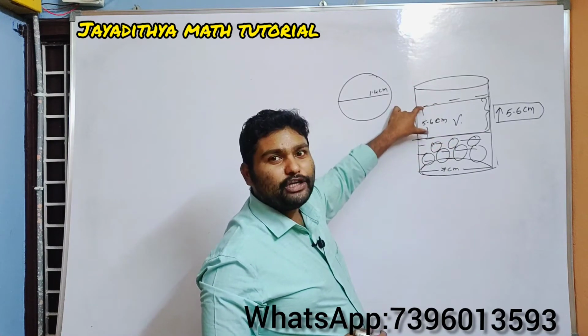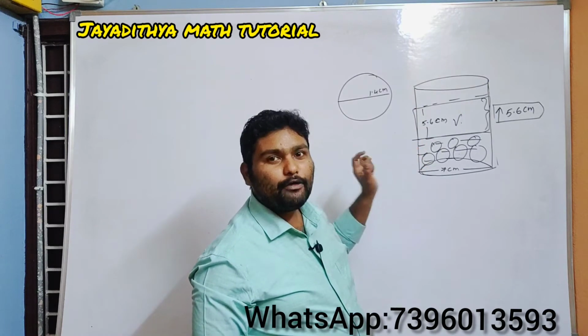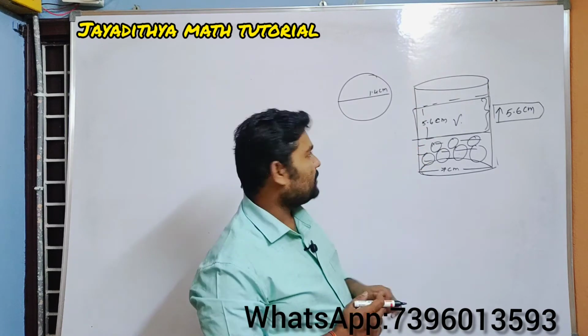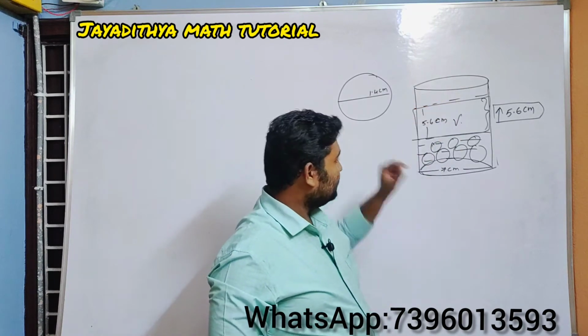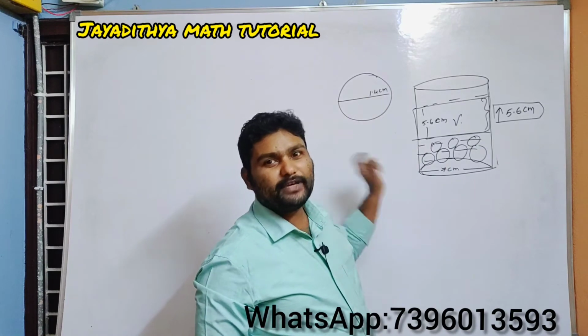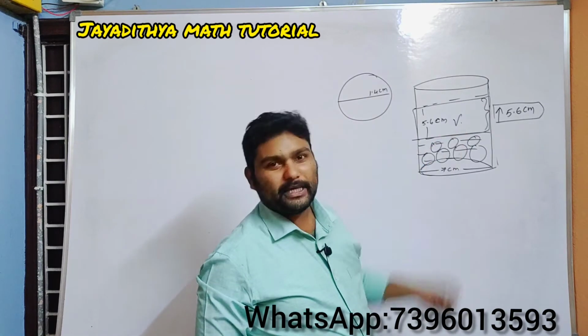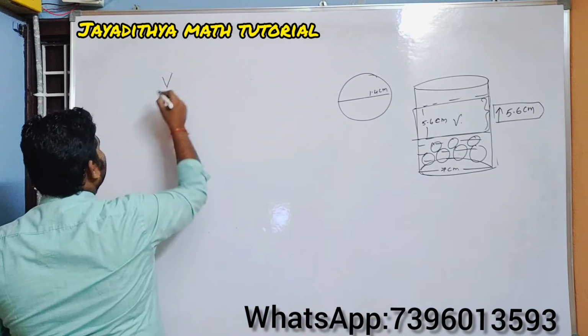Here you don't have only one marble, you have some number of marbles. So first of all, you find the volume of this increased part, then you find the volume of each marble into n. So volume of each marble into number of marbles must be equal to the volume of the increased level here. That you can do very simply.